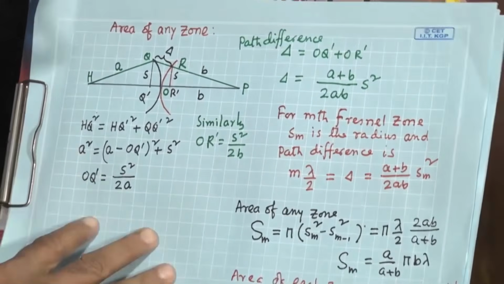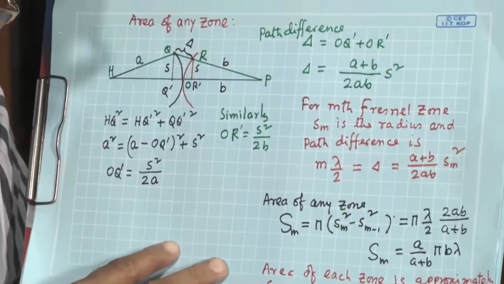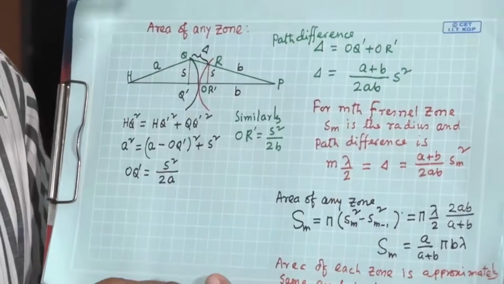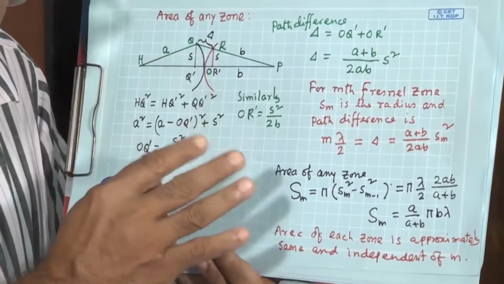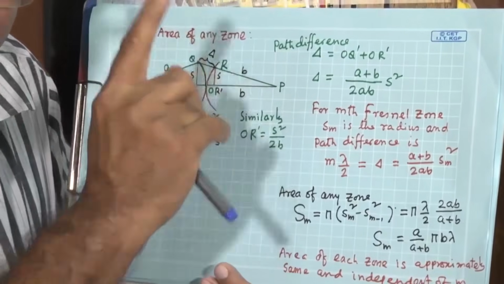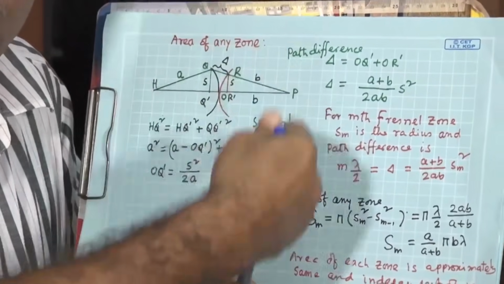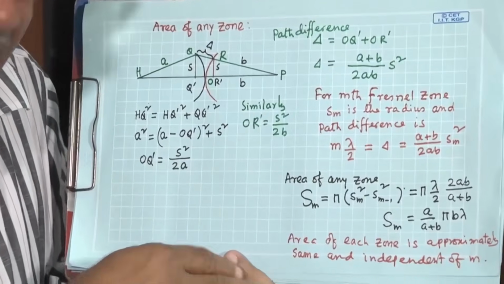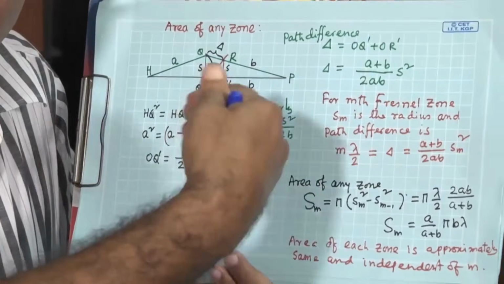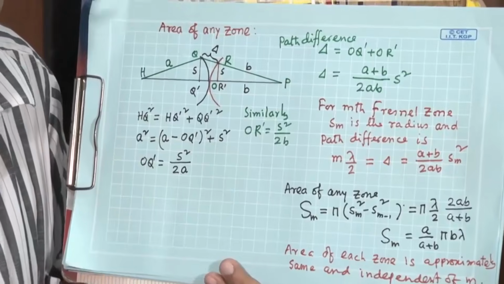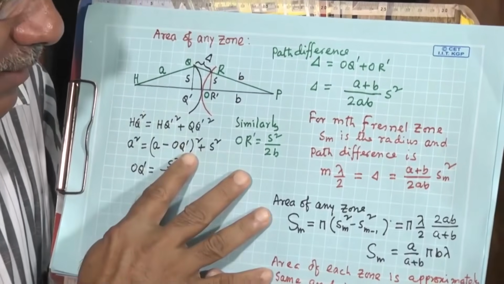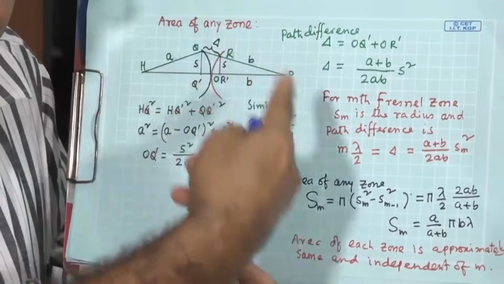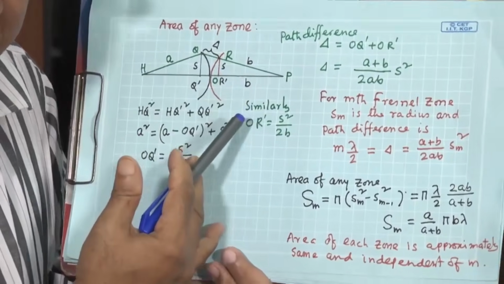Now if we block the alternate zones, say 1, 3, 5, 7, the odd zones, make them black, and keep the even zones 2, 4, 6 transparent, then instead of a circular aperture we use this one.